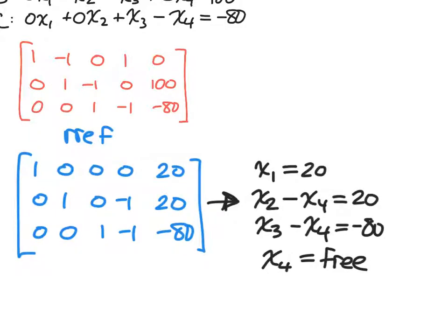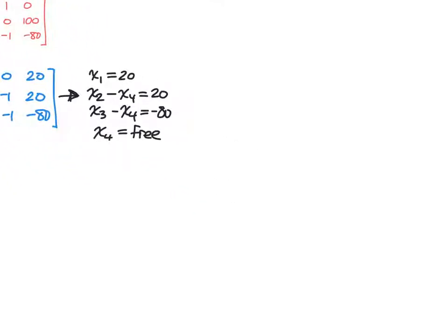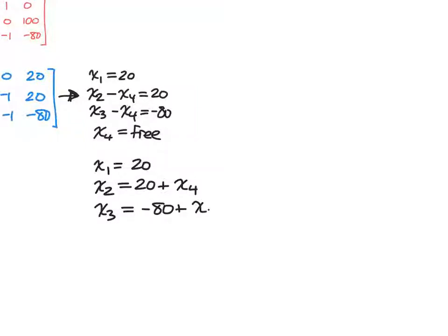So x1 still 20, x2 is 20 plus x4, x3 is negative 80 plus x4, x4 is going to be x4, but we will have a condition on that, which I'll talk about in a sec.